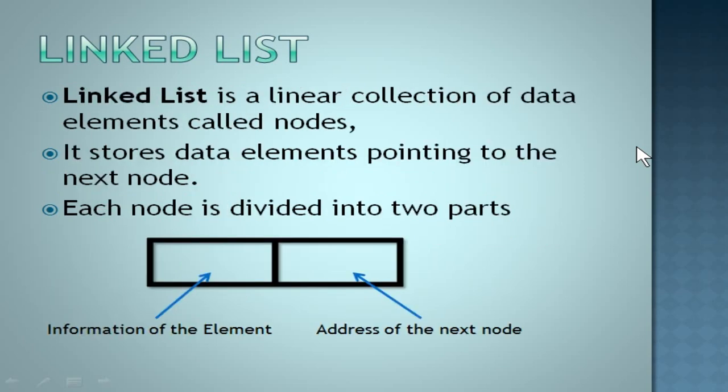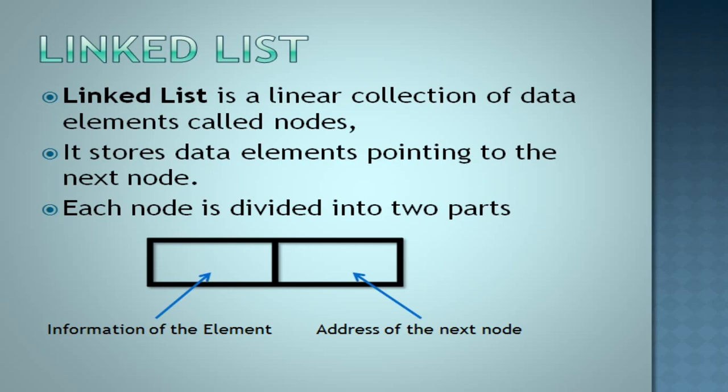Now a linked list is again a linear collection of data elements, and here you are going to use a concept called nodes. A node has two parts. The first part has the information of the element, and the second part has the address of the next node. So this node can store the information of the data element and point to the next node, so you can call this dynamic allocation.